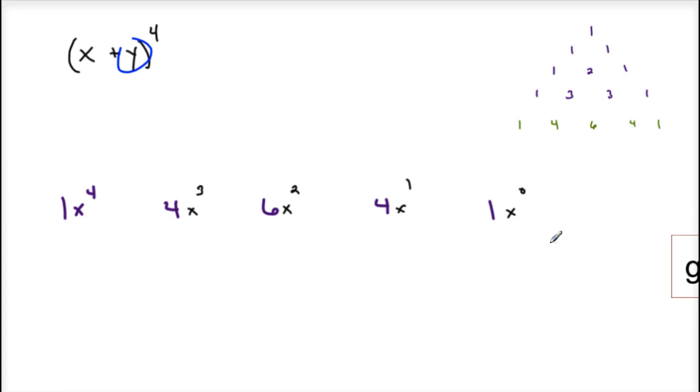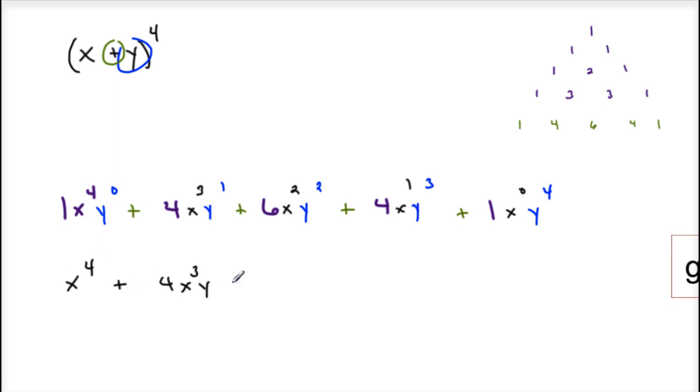Starting with my y's from the back, y to the fourth, y to the third, y squared, y to the first, y to the 0. Again, my signs are all positive, and we'll do an example where they're negative shortly, and then simplify. This is just x to the fourth plus 4x cubed y plus 6x squared y squared plus 4x y cubed plus y to the fourth.